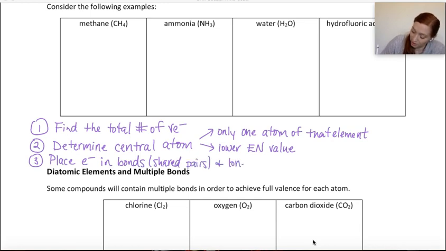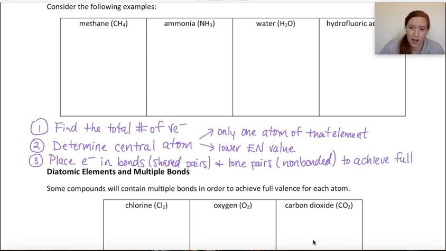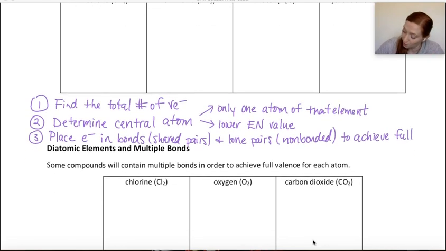And lone pairs, these are non-bonded, to achieve full octets. Now, full octet is really not the best way to say this. We want to say to achieve a full valence shell for all atoms.